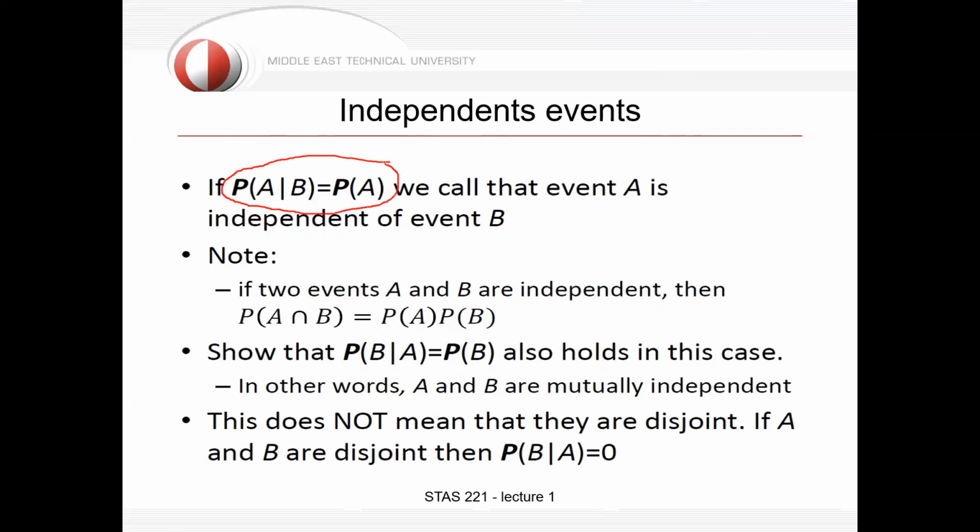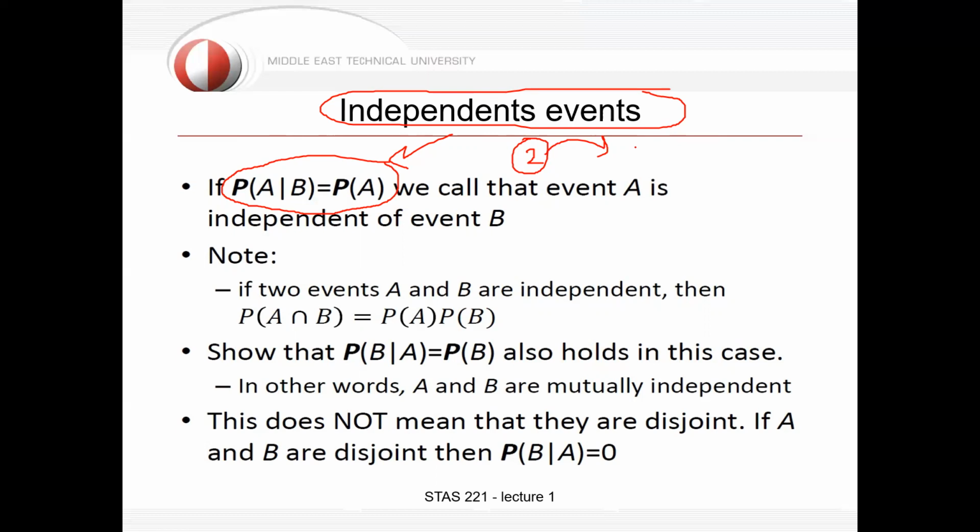But remember also, in case of independent events, what's the probability of A if B happened? Why is this equal to the probability of A itself? Because A and B are independent. If, for example, I throw a die and it happened to be 2, it doesn't have any effect on my next trial.